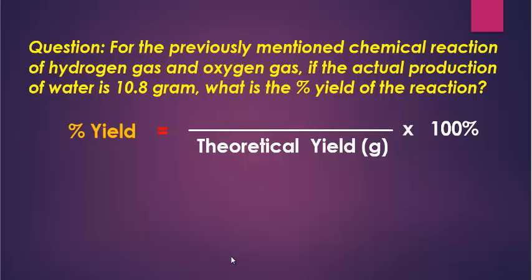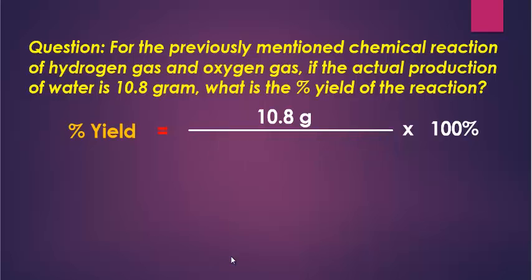The actual yield is 10.8 grams as given above. From the previous discussion, the theoretical yield for this particular reaction is 13.5 grams. You carry out the calculation, and it turns out to be 80.0%, which means the reaction went to 80.0% completion.